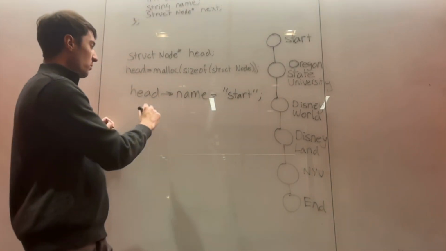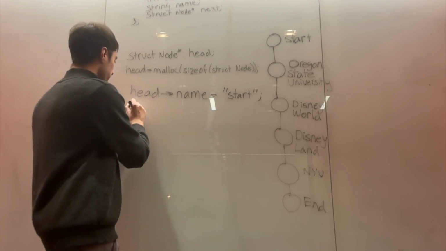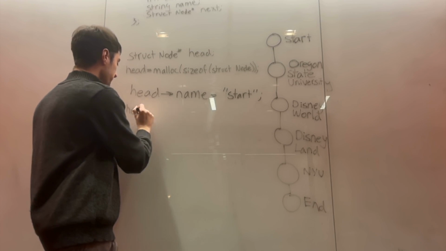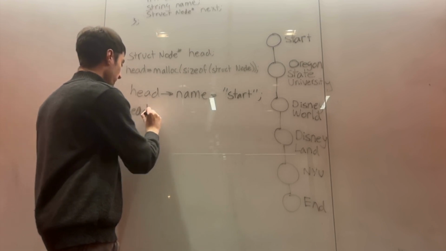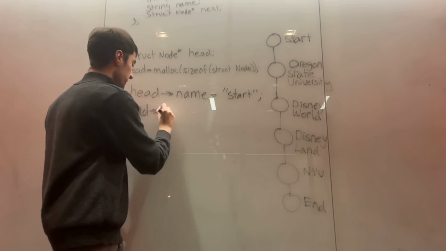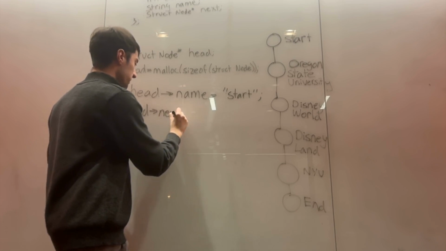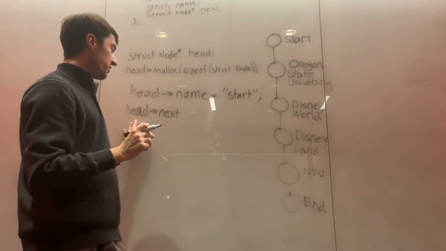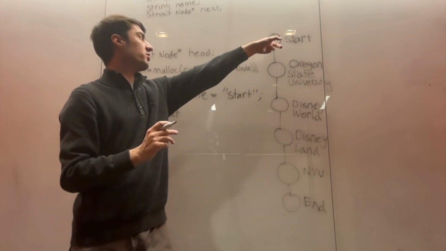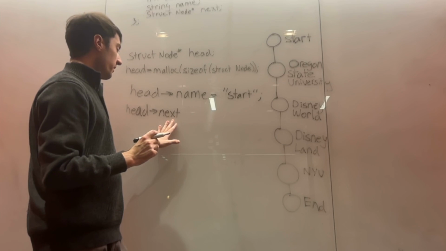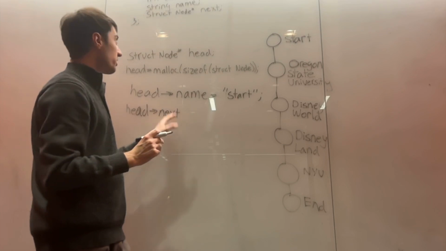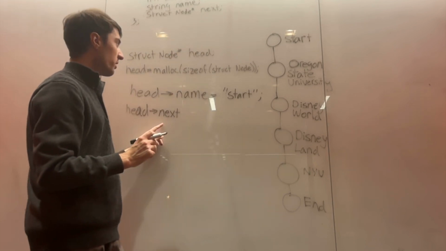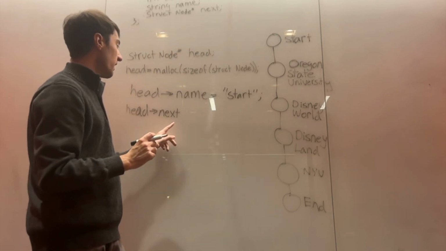So what we can do is head next. Now, okay, so head, and dereference it, go to head, which is at start, and then next, which is the pointer variable next. Now, what do we want to have that equal to?